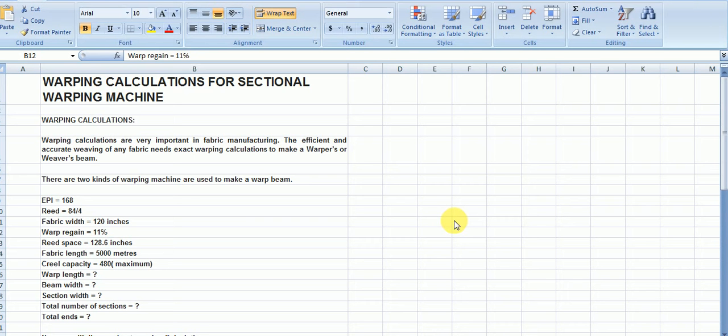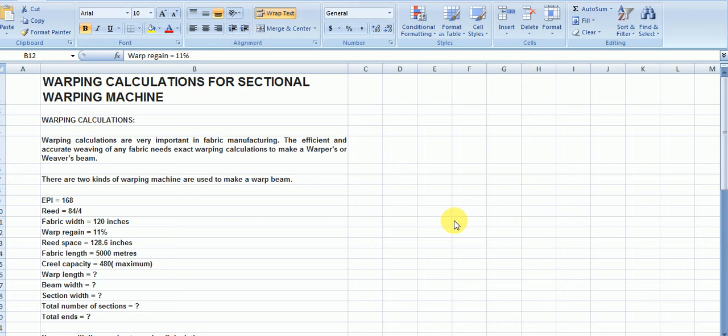It is very important to check again and again and give accurate details to the warping machine. Here I am going to explain how we calculate warping and how many sections we can do as per the total number of ends.